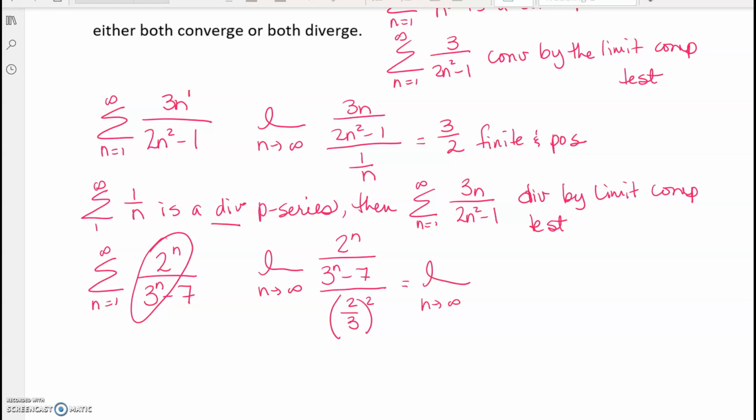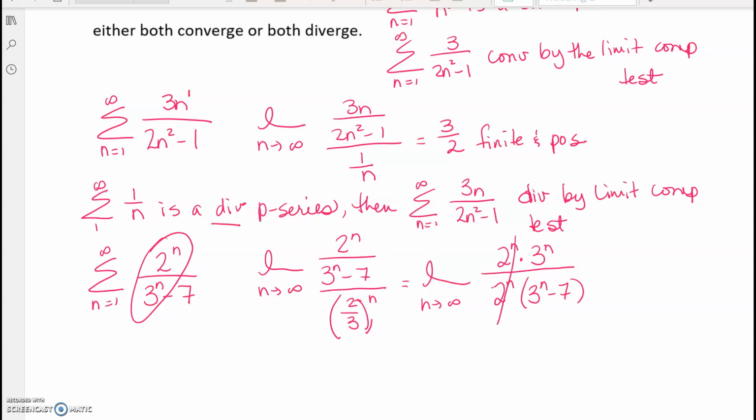Hopefully we won't have to do any L'Hopital on this. We have 2 to the n times 3 to the n over, did I put a squared there? Sorry, n. And then I'm flipping that, so I have a 2 to the n and a 3 to the n minus 7. So those cancel.